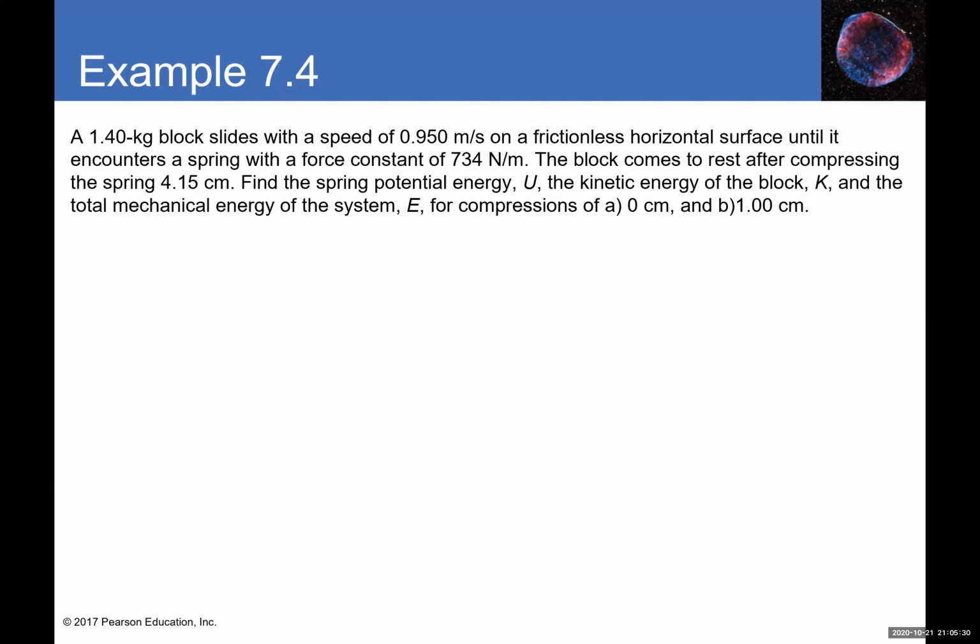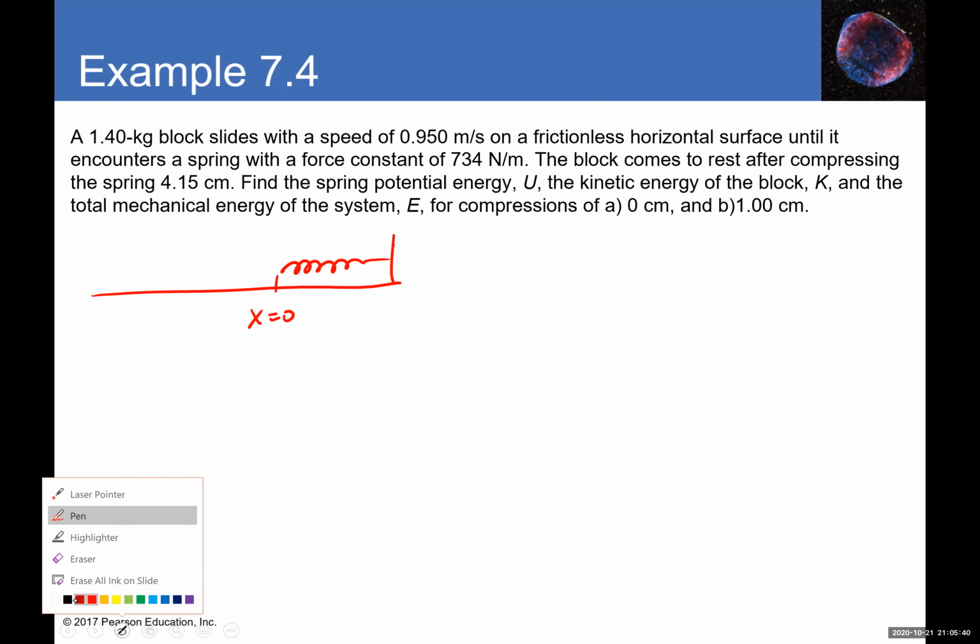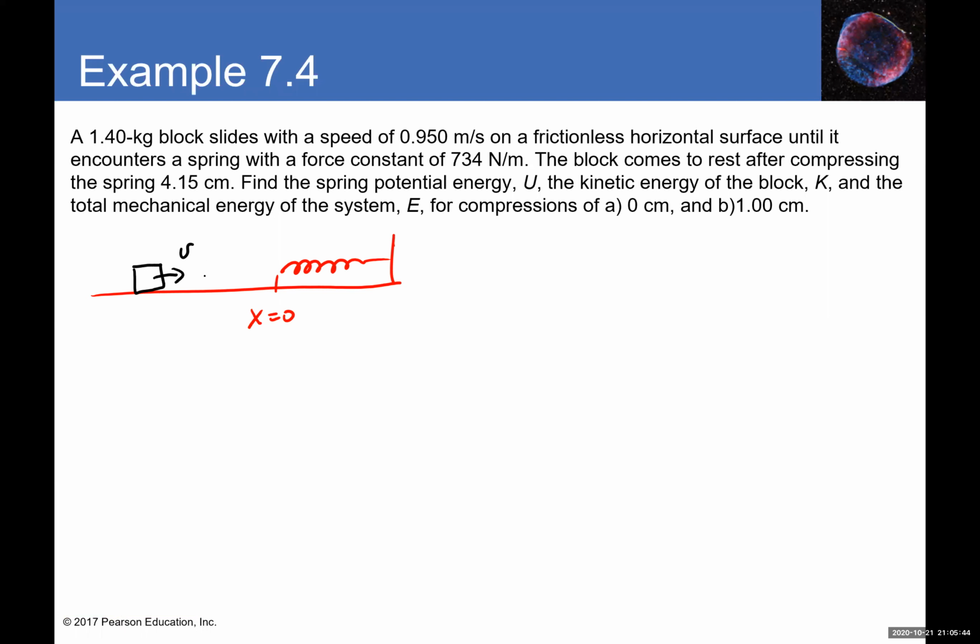All right, so it seems like we're given different things. Let's say here's a picture. Here's a spring sitting in equilibrium, x equals 0. And then you have a block moving like this with some velocity. Assuming this velocity here is the speed, it's constant, 0.95 meter per second.